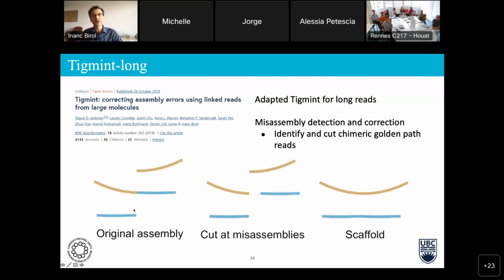Even though there are other pieces in the original assembly that we can actually contiguate these sequences, because of this chimeric read, we cannot do scaffolding or further contiguing. All right. But if we cut those misassemblies, then we can rescaffold with the correct partners, right?